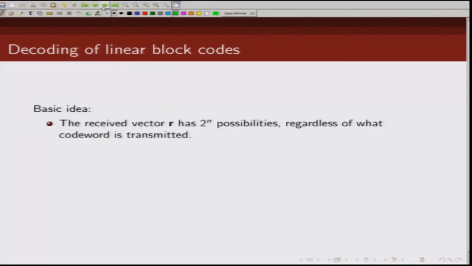Then we have a total of 2^k code words, right? And if we are looking at the output received sequence, we can have a total of 2^n different possibilities, because our code word is n bits, and each location can be zeros or ones.